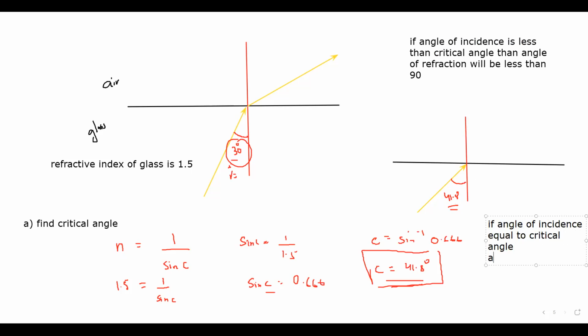We'll observe the angle of refraction will be 90 degrees. So it will pass along the surface and the angle of refraction will be 90 degrees.